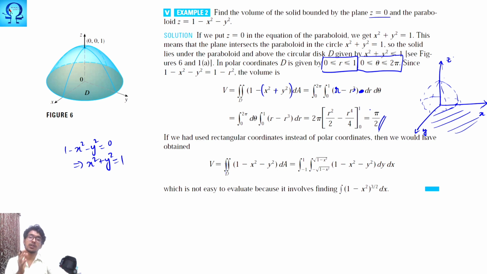What if we proceed with the same problem with rectangular coordinates? So we have this one. Here we shall notice that your y ranges from minus under root 1 minus x squared to under root 1 minus x squared.